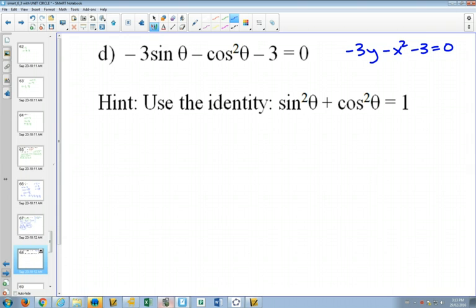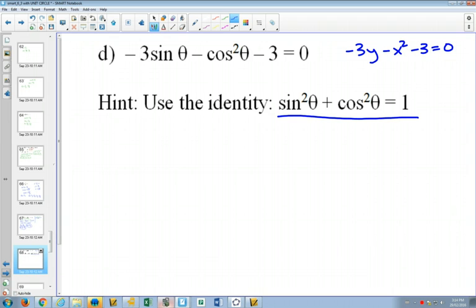Does that ring a bell? So as soon as we use one of our big ideas, that becomes our second equation. And now we do have two equations with two things that we don't know, and we can use substitution or elimination to solve. In this case, we're going to use substitution.